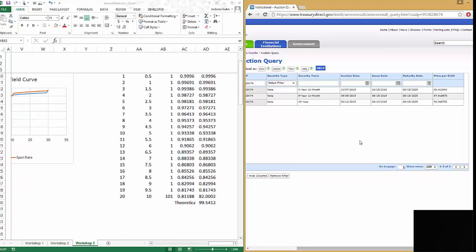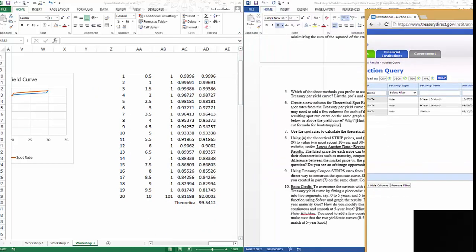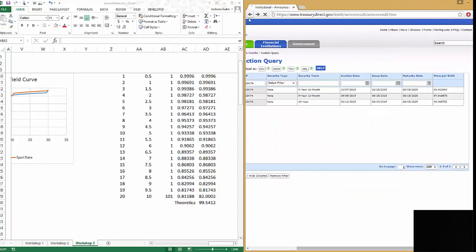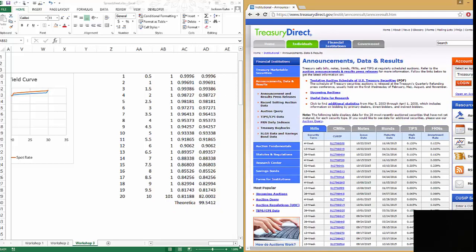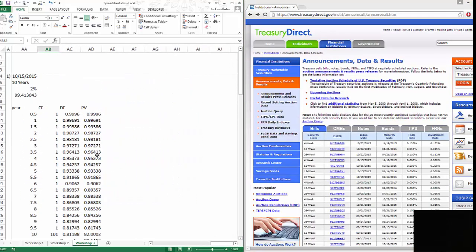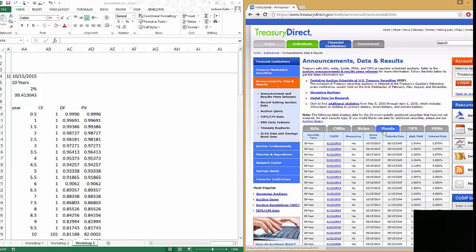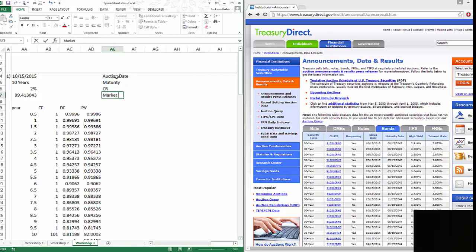So now we're just going to do the same process for a 30-year bond. So this will be our 30-year bond. So we're going to want to go to bonds now, and we'll have auction date, maturity, coupon rate, and market price.